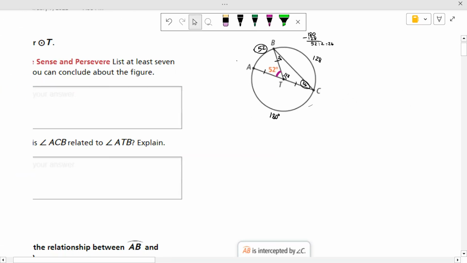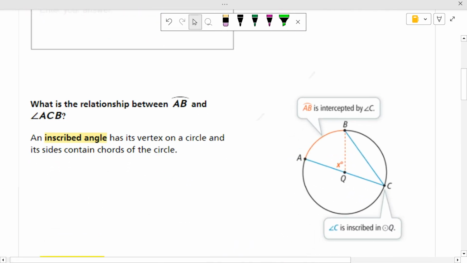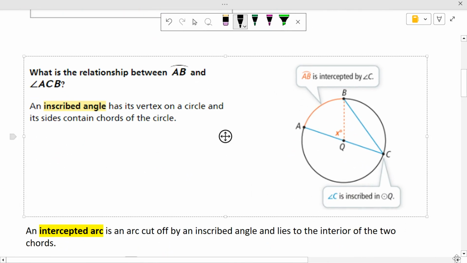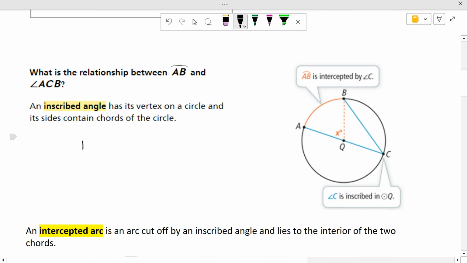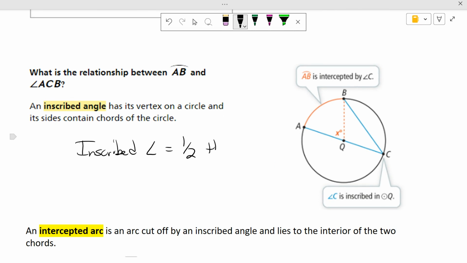So an inscribed angle: the inscribed angle equals 1/2 the intercepted arc. And that shows you what an intercepted arc is, an arc cut off by the angle. So an inscribed angle equals 1/2 the intercepted arc.